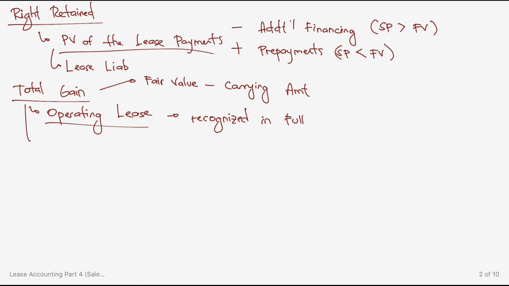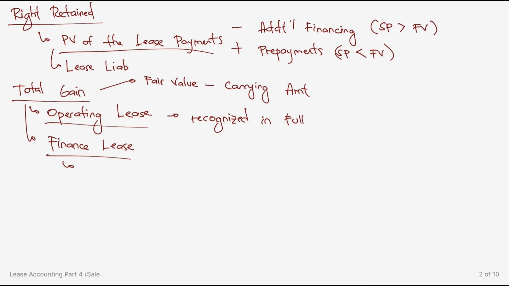Ngayon, punta tayo sa finance lease. Alright? Because ito yung default eh. Because according to IFRS 16, all leases shall be accounted by the lessee under finance lease, except nga if short-term lease or low-value lease. Okay? So, kapag finance lease tayo, the total gain is hinahati.